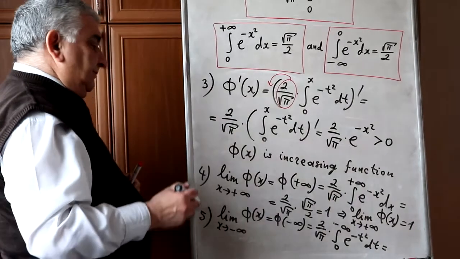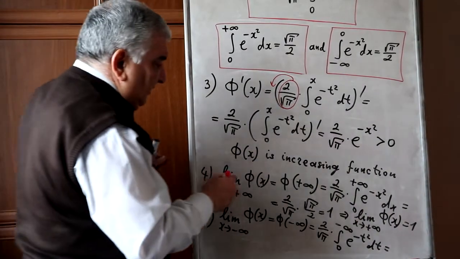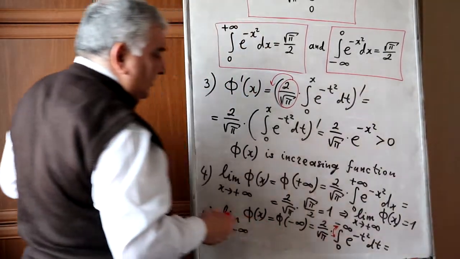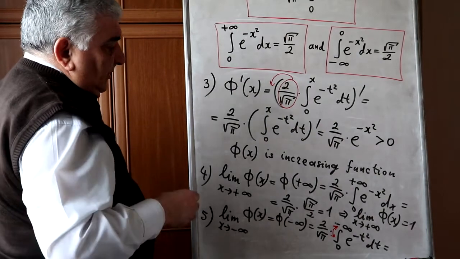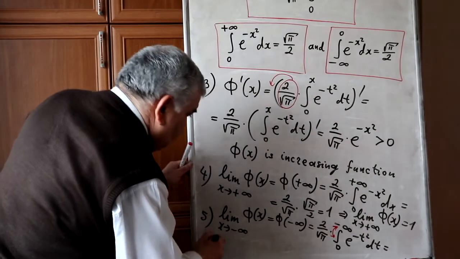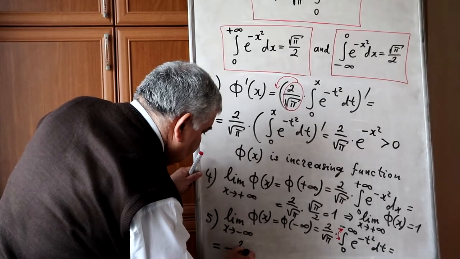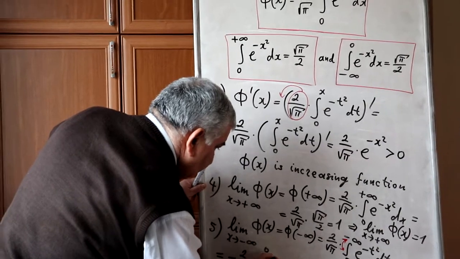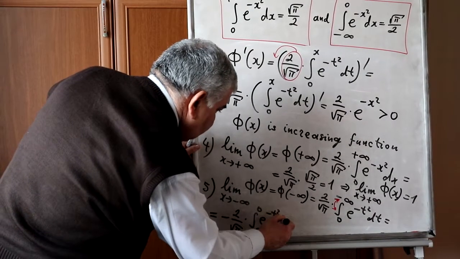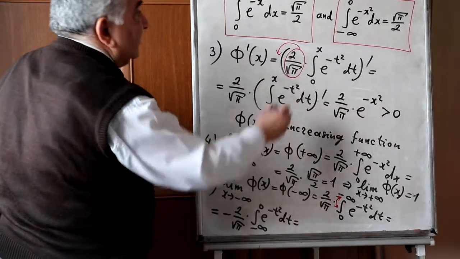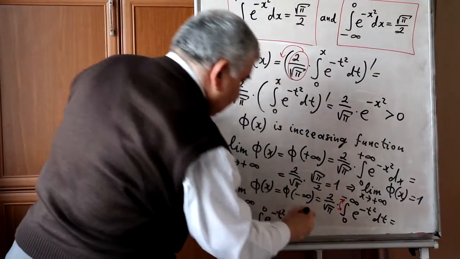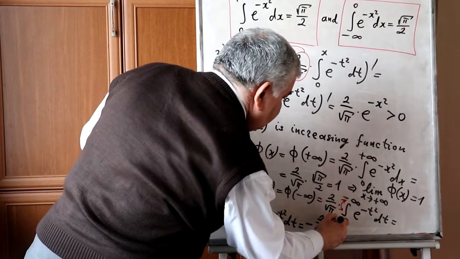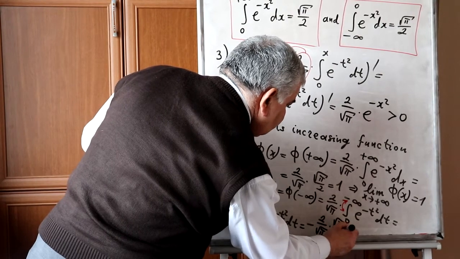Then we can change the places of the integral limits, and in this case the sign of integral will be changed, equals minus 2 over square root of pi multiply integral from minus infinity to 0 of e to minus t squared dt, equals this integral is square root of pi in half. Therefore we have minus 2 over square root of pi multiply square root of pi in half, and it is minus 1.